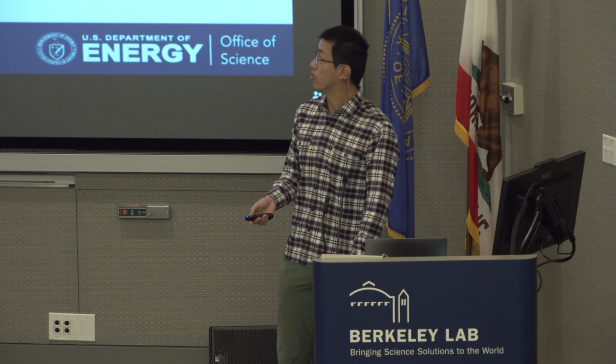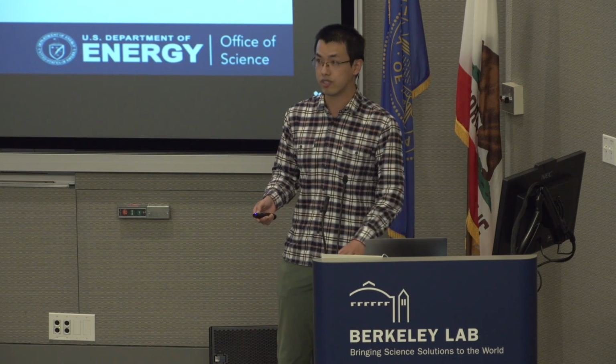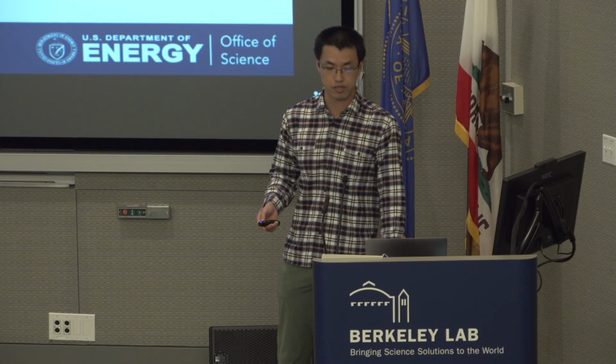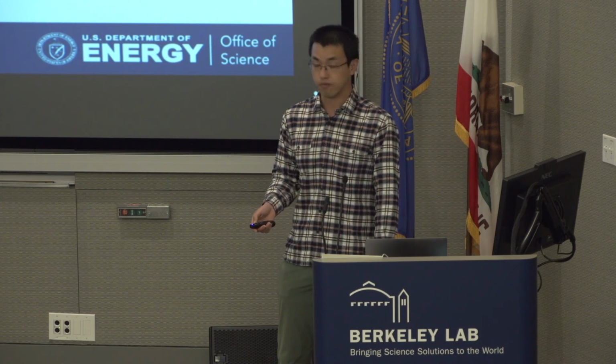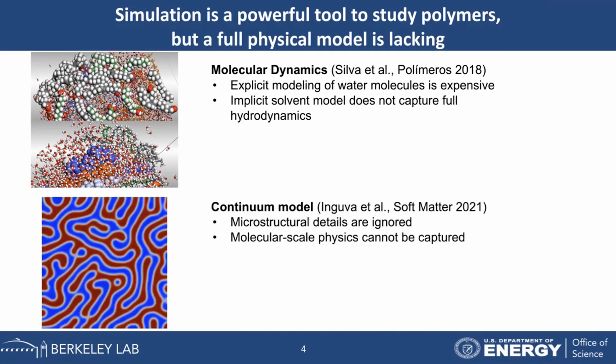There are other studies focusing on implicit solvent models, meaning that the solvent gives polymers a resistant force but is not explicitly resolved. This method is also problematic because it does not capture the full hydrodynamics, which is especially important in biological cells. On the other hand, a continuum model can go to macro scale.